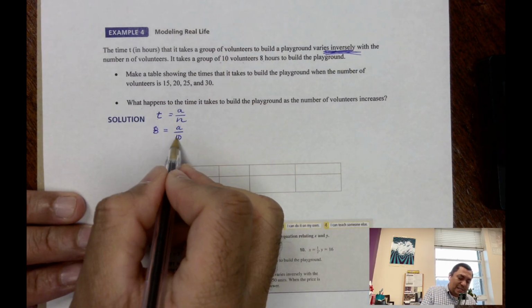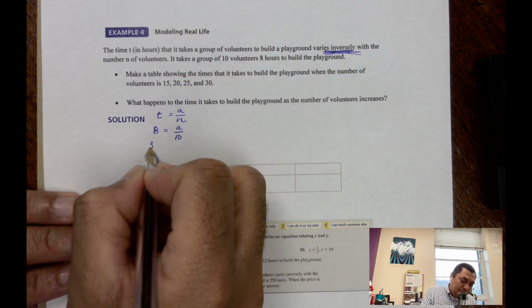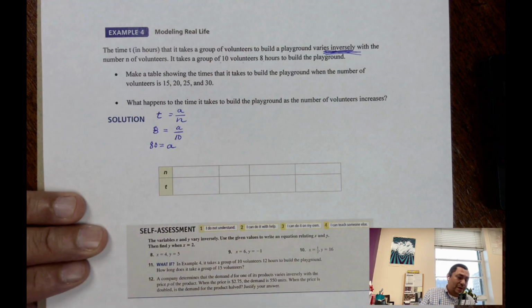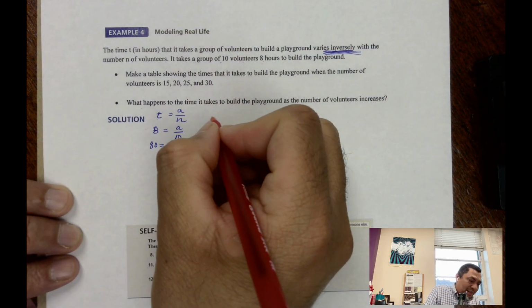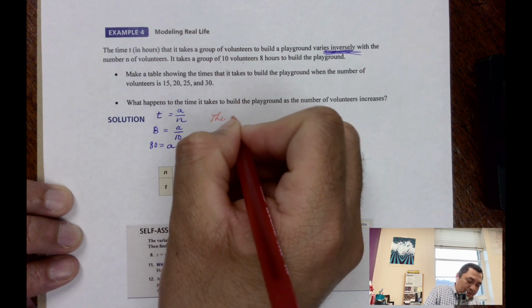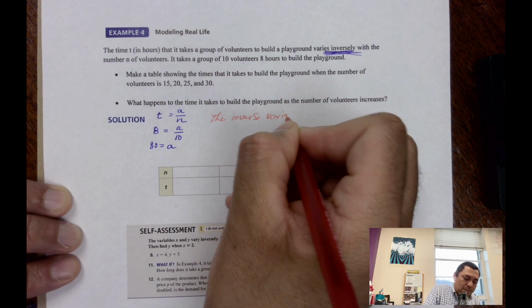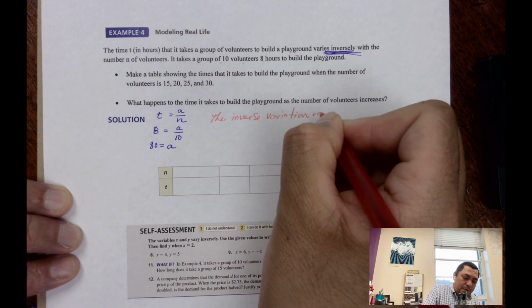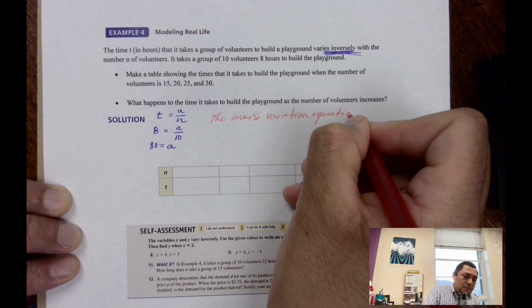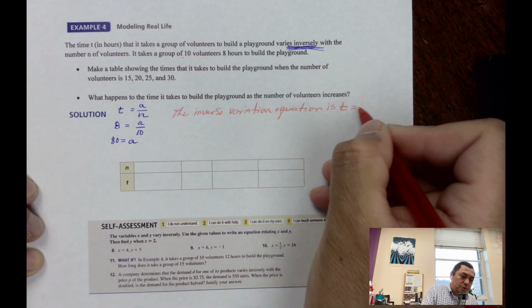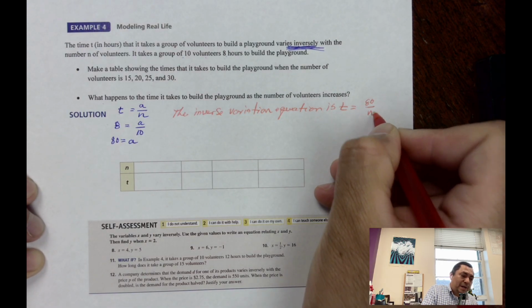Okay, so 10 times 8 is 80 equals a. So in this case, let me write here, the inverse variation equation is t equals 80 over n.